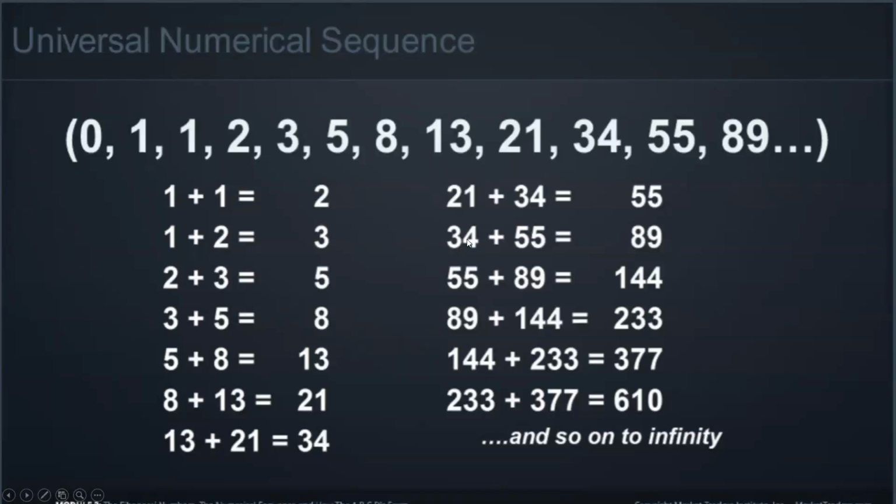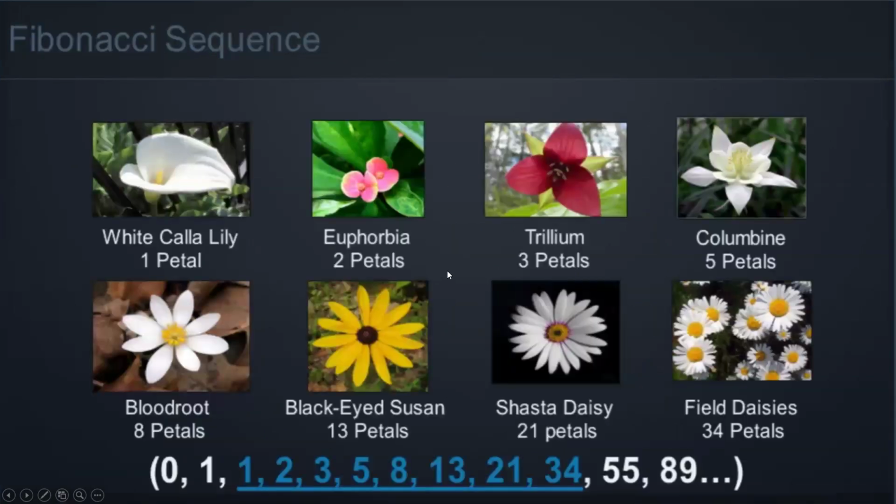All right. But then when we start looking at nature, we start noticing that there are natural things that just obey these numbers. These are natural, these are not drawings. These are pictures that we're taking. These are real.